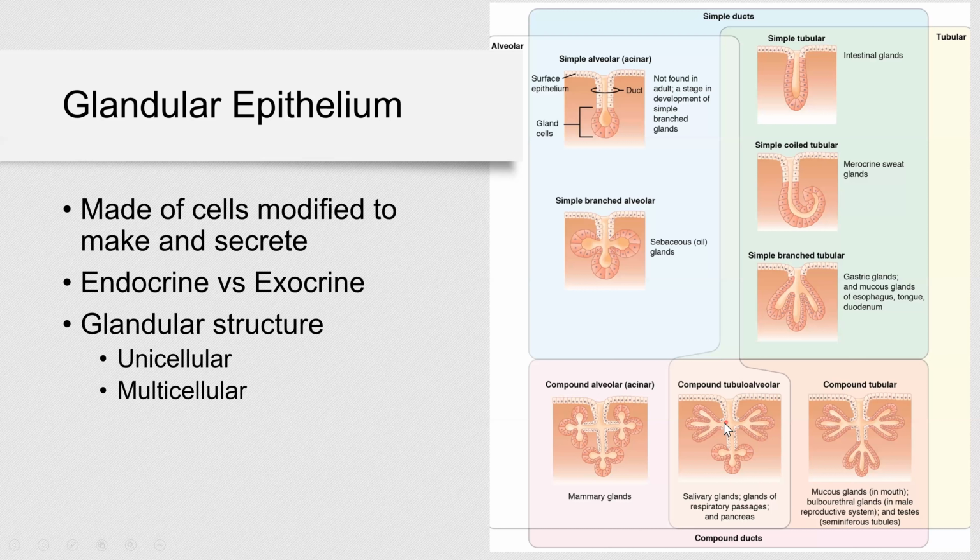This is compound because, again, we have three different ducts making one, but this has alveolar and tubular secretory units. So it's a compound tubular alveolar, or this one is compound tubular, for example, right?